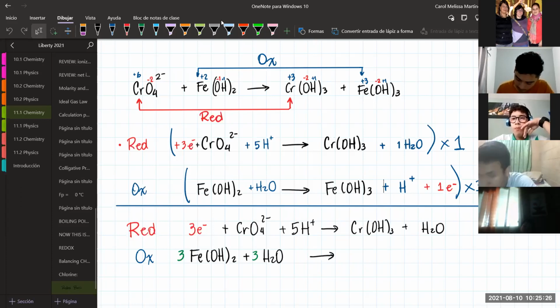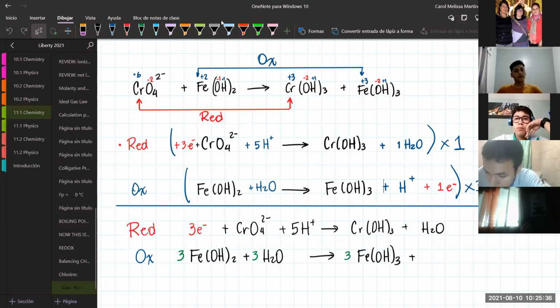All this is producing 3 iron 3 hydroxide plus 3 H plus ions plus 3 electrons. I know this process is long. I know it. Now what we do is we add everything.